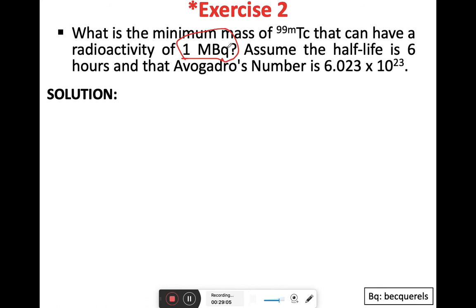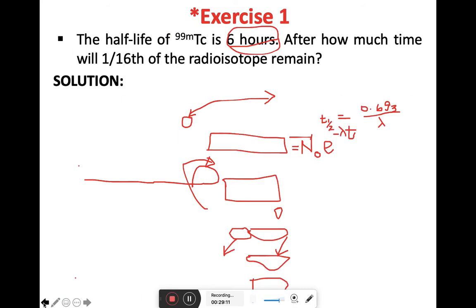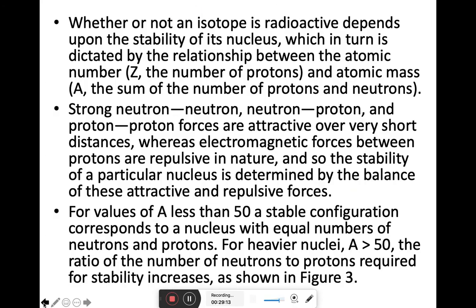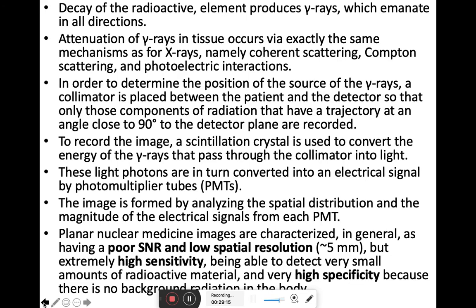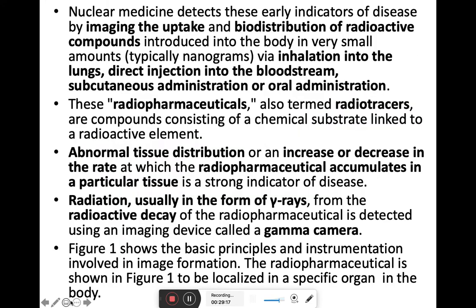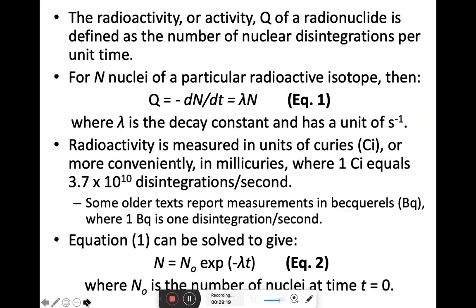So we know that 1 becquerel is equal to... let's double check, I don't want to say it wrongly. Okay, this one. It is equal to 1 disintegration per second. We are going to use this information.